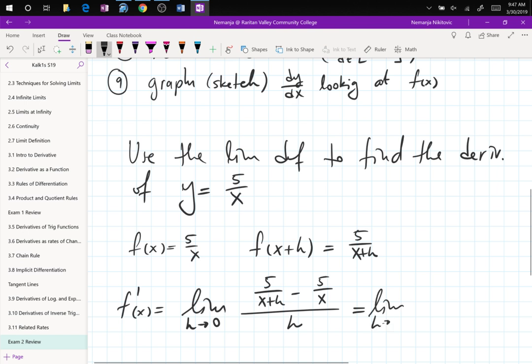Limit h goes to 0. We add fractions on top. So you have 5x minus 5x minus 5h divided by x times x plus h, right, for the common denominator.